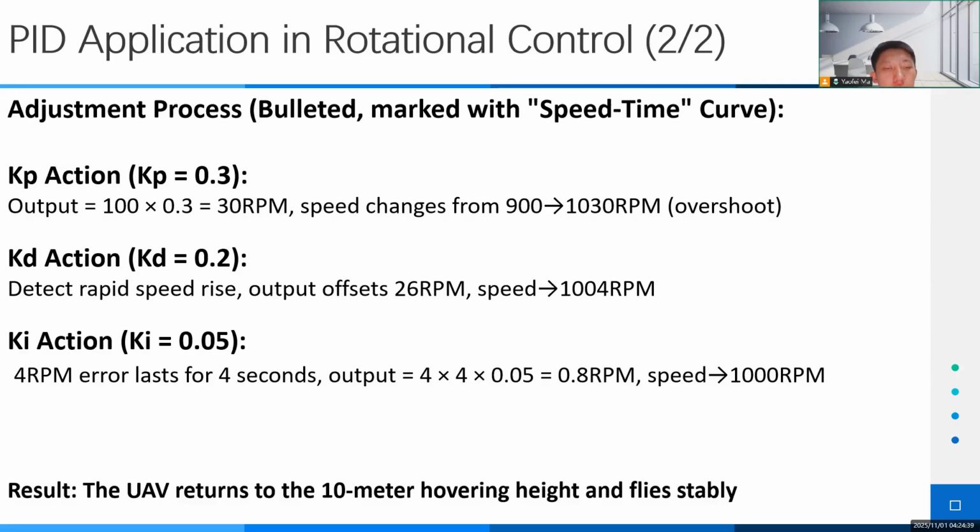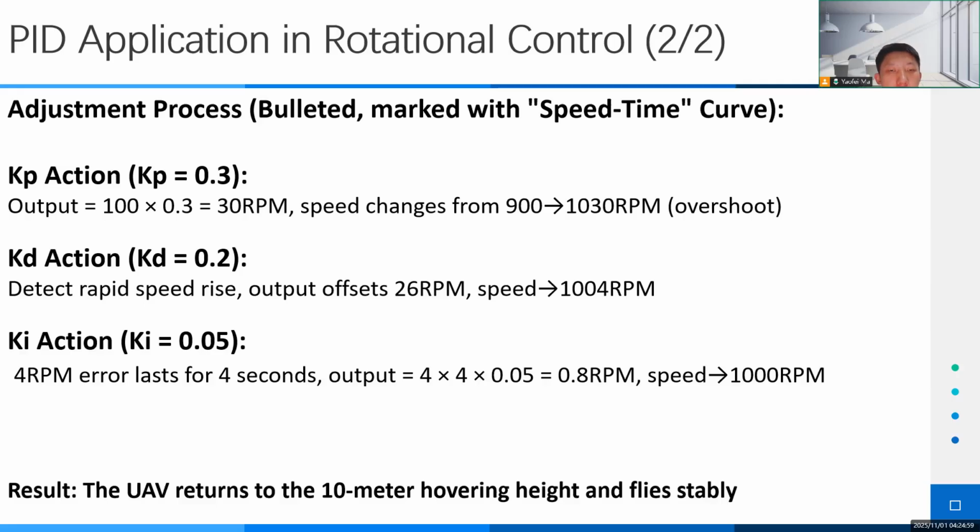KD is 0.2. It sees the speed rising fast, so it offsets 26 RPM. Now the speed drops to 1004 RPM.